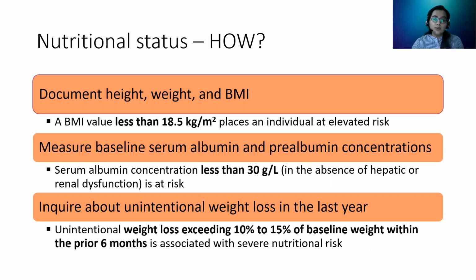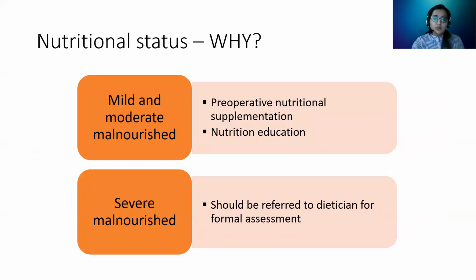Even unintentional weight loss exceeding 10 to 15% of baseline weight within the prior 6 months is also associated with severe nutritional risk. Those patients with severe malnutritional deficit should be referred to a dietitian for formal assessment, while pre-operative nutritional supplementation and counseling should be started in other patients.